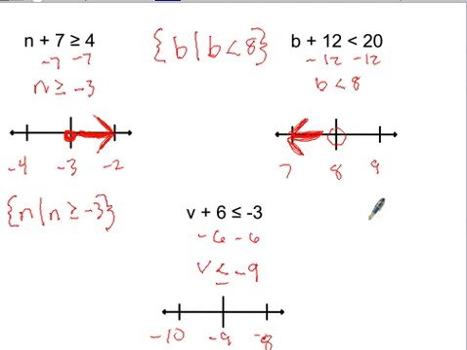What symbol goes at negative 9? Closed circle. And shade left, since it's less. All right, so the set of all numbers v such that v is less than or equal to negative 9.